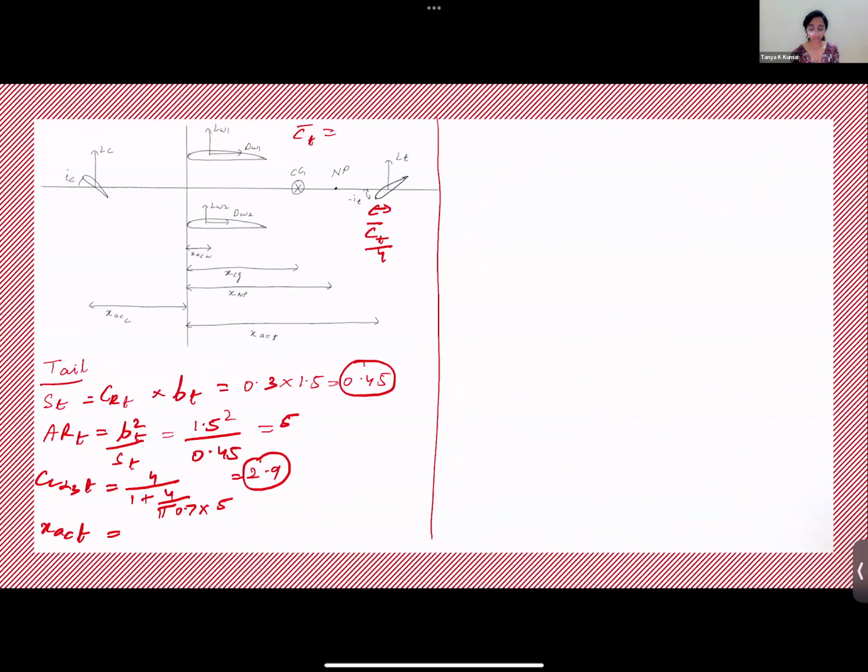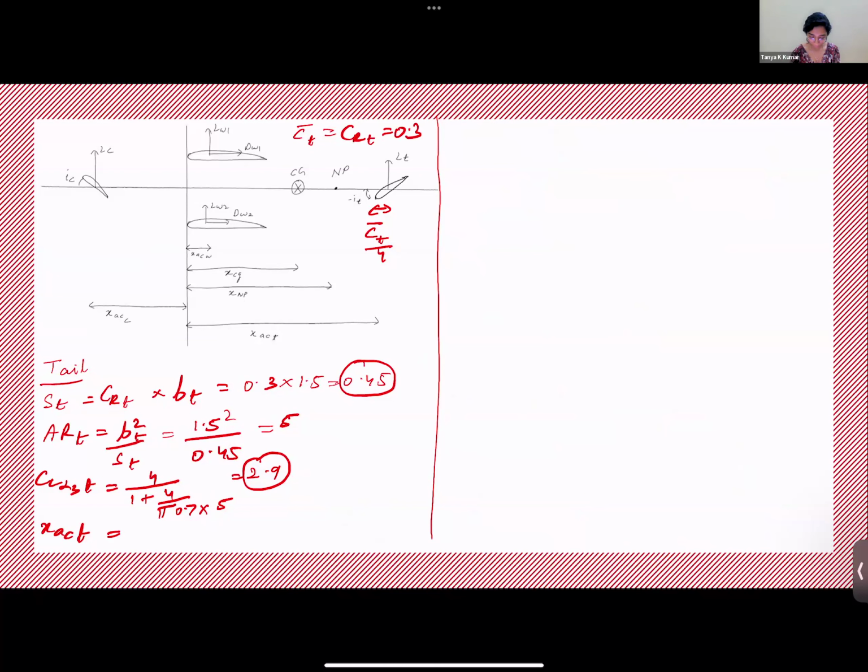C bar of the tail, the mean aerodynamic chord of the tail, is for the rectangular wing the same throughout. It is the CR, which is nothing but 0.3. Correct?